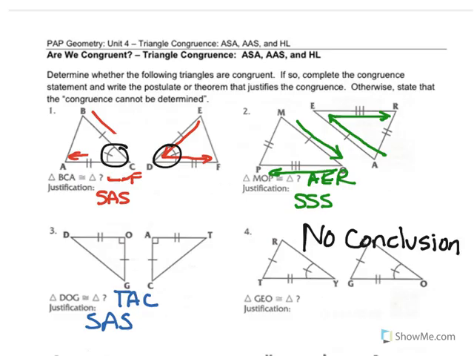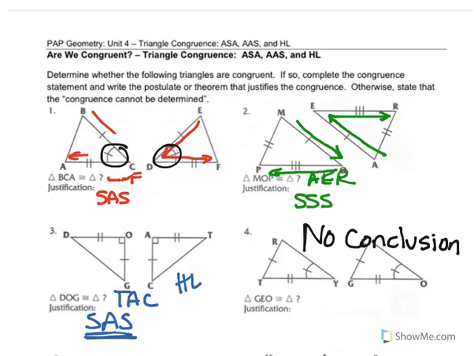Number 3, DOG is congruent with TAC, and that's by side, angle, side. And I do want to mention, don't get suckered into saying HL just because you see a right angle. In this case, we have side, angle, side, because for HL, you're proving that the hypotenuse is the one that's congruent, and in this case, that's not what was shown. It's side, angle, side.